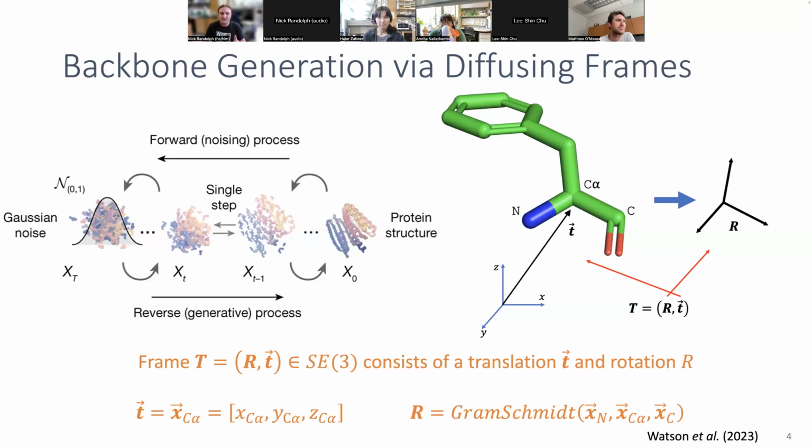So where the global frame is actually placed doesn't really matter so much as the structure itself and the relative positions of residues. But we do have to define some sort of global frame, but it doesn't matter exactly. Okay. And we'll see that they sidestep the translation portion by centering things later, but we'll talk about that later as well. Thank you.